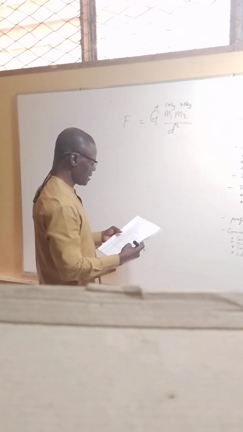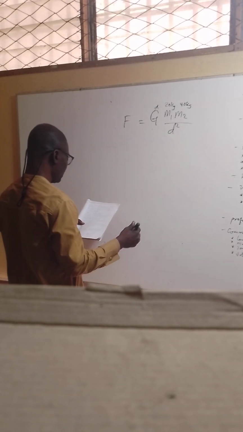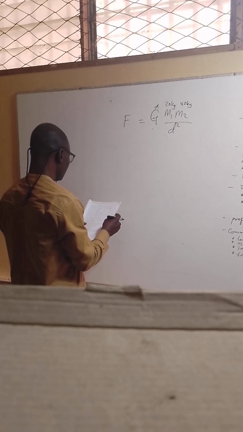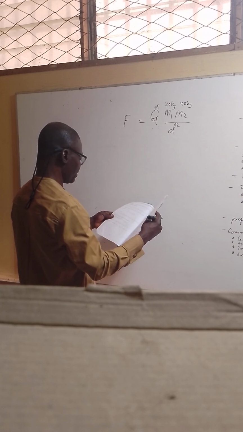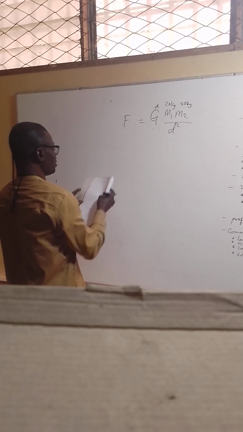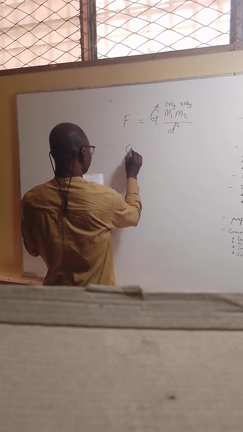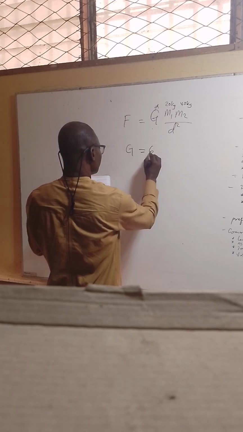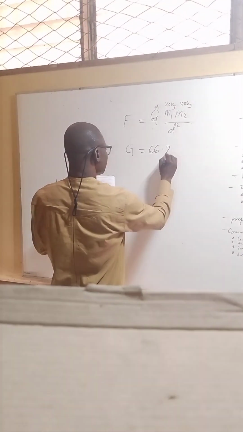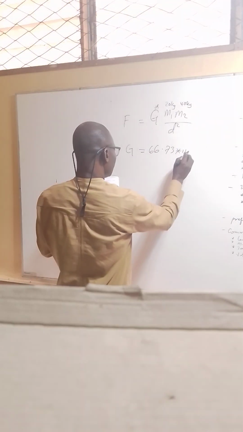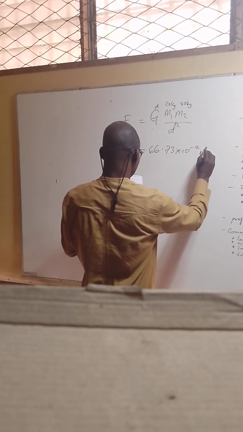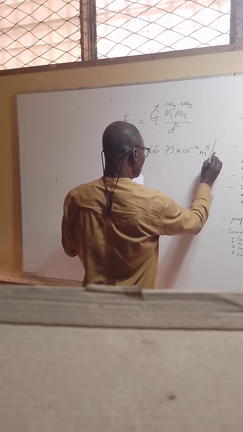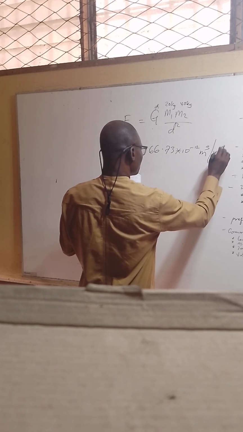And then let's look at the value of G. G is equal to 66.73 times 10 to the power minus 12 meters cubed per kilogram second squared.